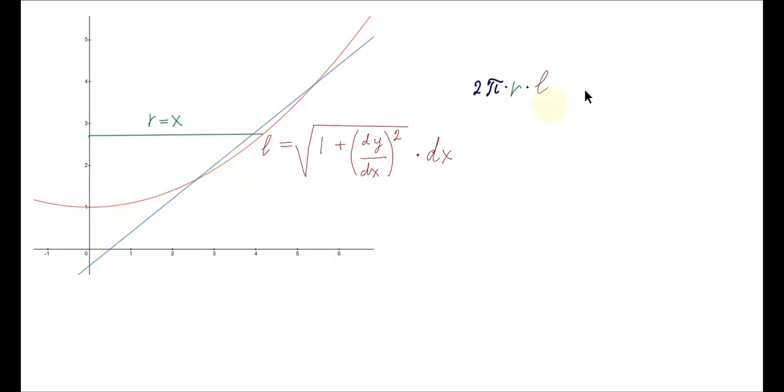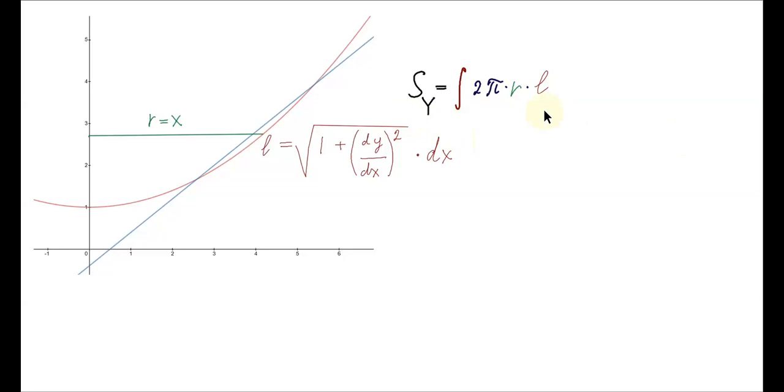And adding up in calculus 2 means what? It means integration. So we need to apply an integral to this expression to find the whole surface area of rotation.